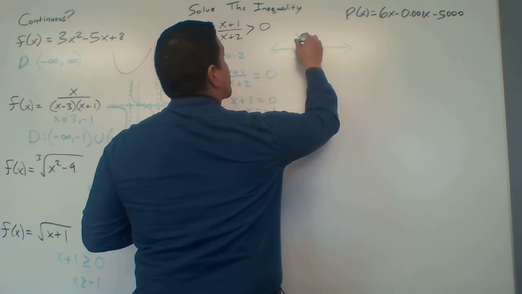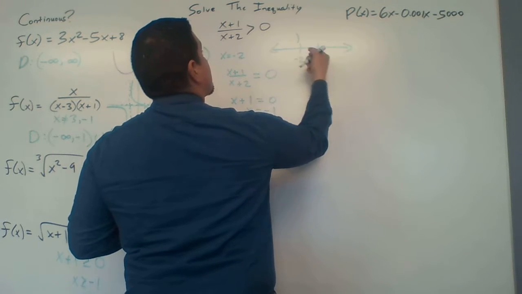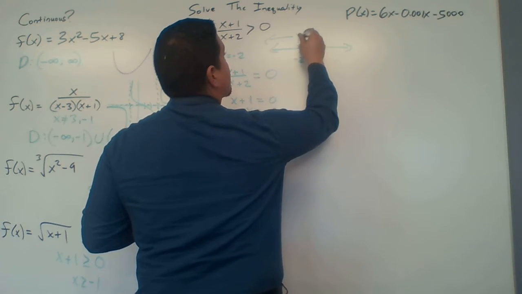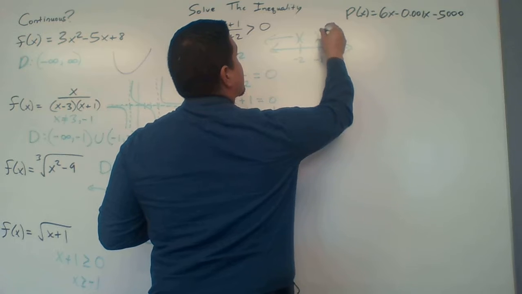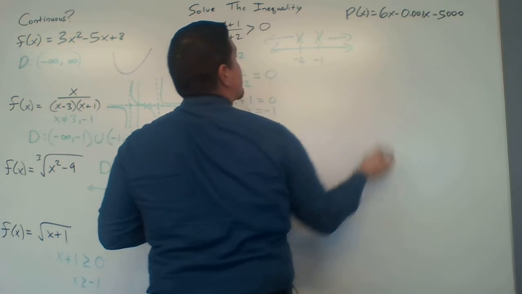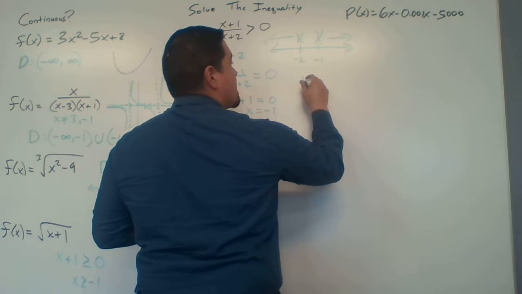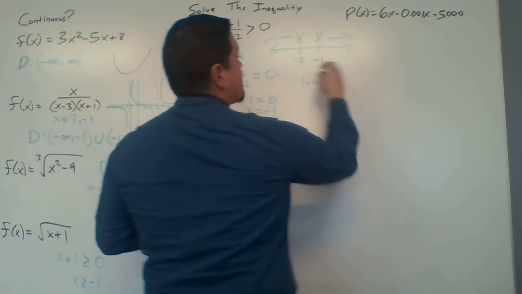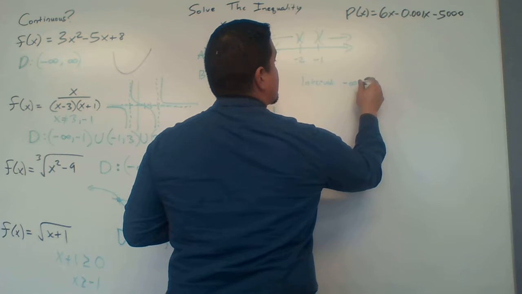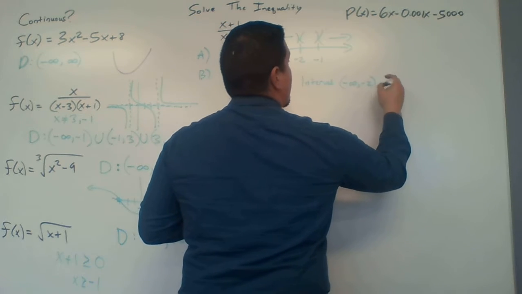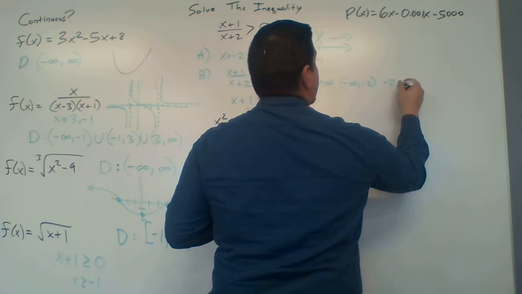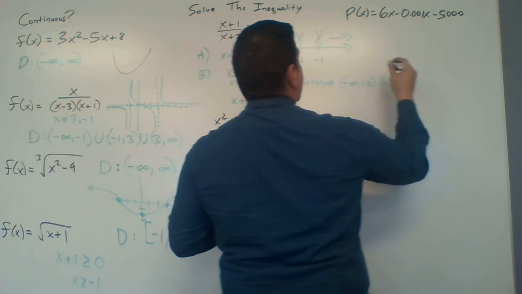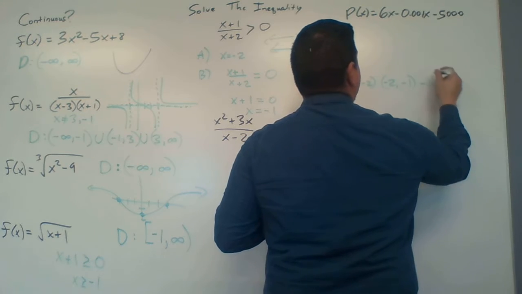This has the interval from -infinity to -2, and it has the interval from -2 to -1, and then it has the interval from -1 to infinity. So we want to write a little table of that. So one of them is -infinity to -2, -2 to -1, and the final one is -1 to infinity.